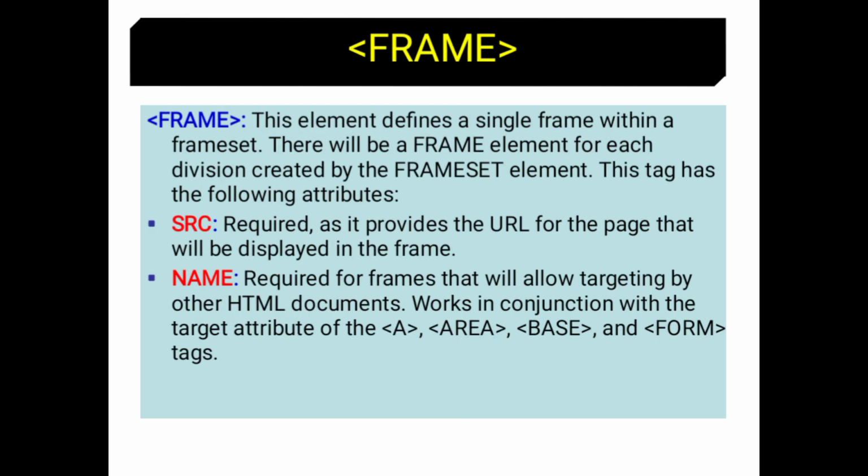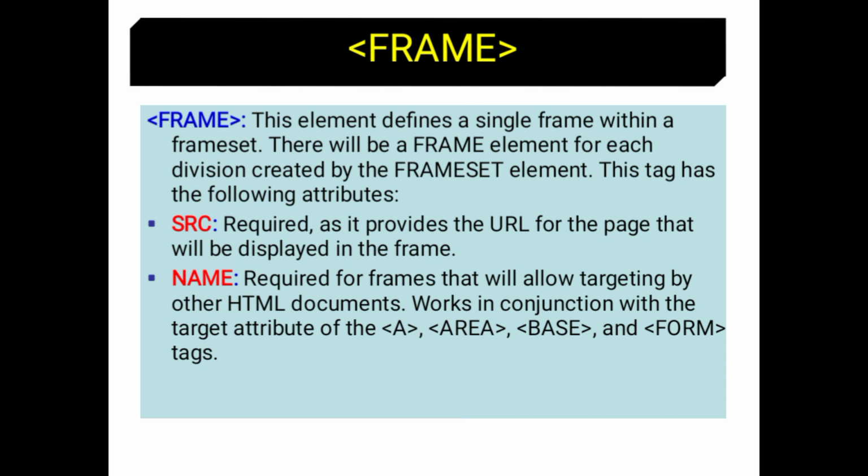Then how to set the frame tag. This element defines a single frame within a frameset. There will be a frame element for each division created by the frameset element. This tag has the following attributes. Src is required to provide the URL for the page that will be displayed in the frame. Name is required for frames that will allow targeting by other HTML documents.